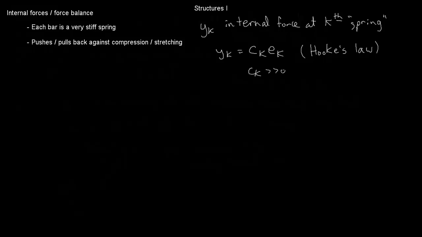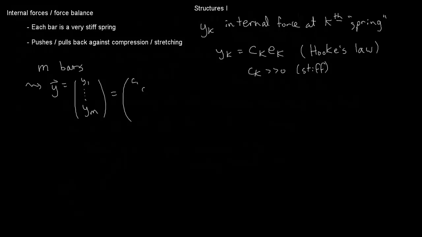That's Hooke's law. So Ck is my spring constant, and generally I'll assume it's a very large number because I'm assuming that the bar is like a big steel bar and it resists compression pretty well. Sometimes I'll normalize so that the Ck's are 1 to make my calculations easier, but that's just a matter of fiddling with my units. So I have m bars, and let's say the internal force of the kth bar is yk.